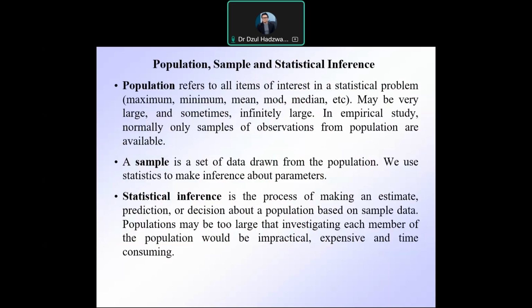The observation here is derived from either the population or a sample. You need to have a good knowledge of the difference between population and sample. It depends on the study that you want to do, what you want to explore.